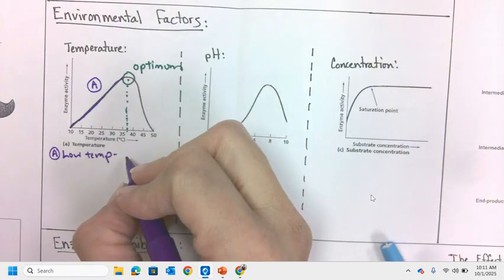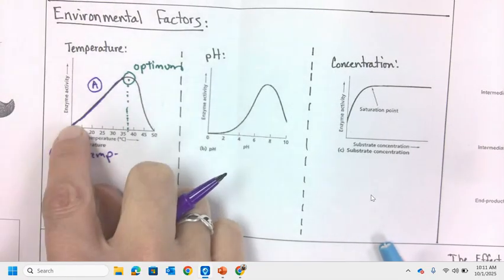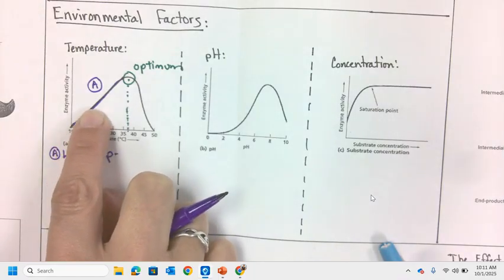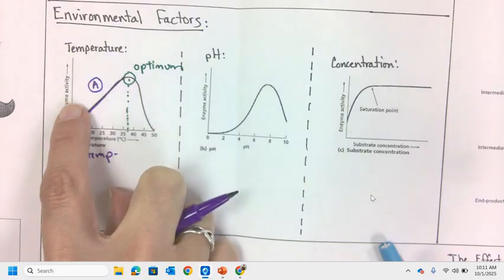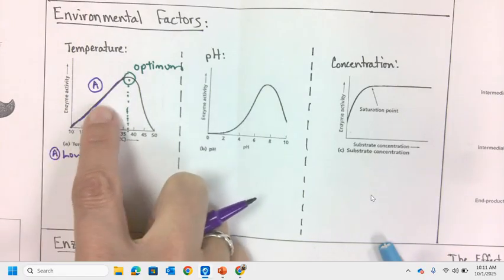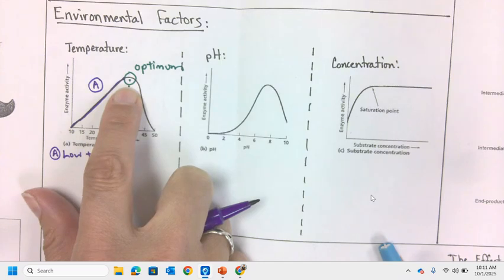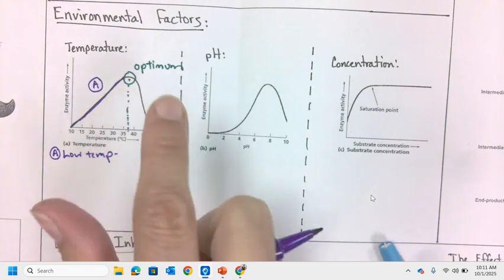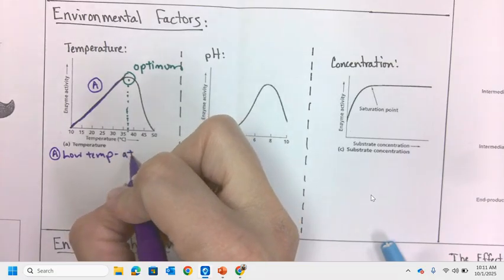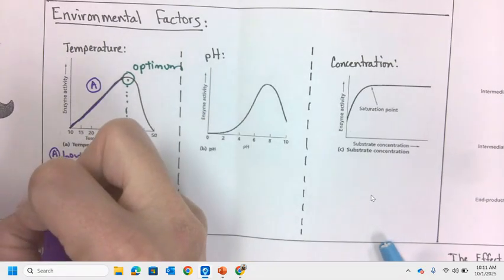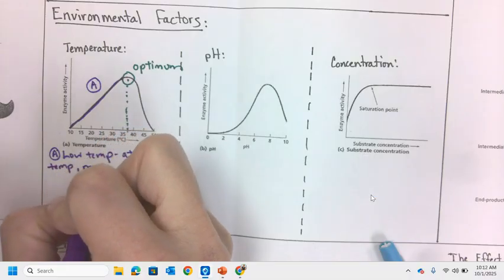Molecular collisions are slower, and then as temperature increases, reaction rate increases as the enzyme and the substrate collide more frequently until we get to the optimum temperature. So basically, at low temperatures, molecular collisions are low.